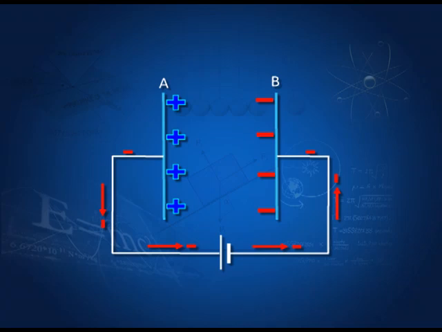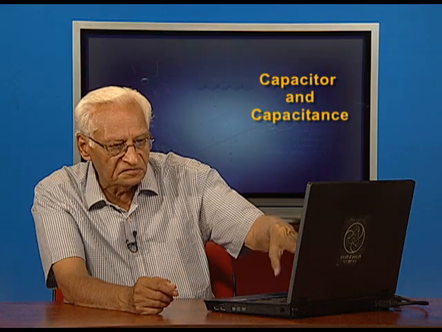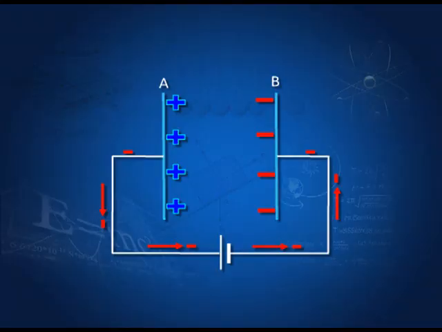So, there is a build up of negative charges here and a build up of positive charges here. This build up of negative charges, particularly this negative charge, prevents further flow of electrons to this plate. So, when this is fully charged, this electron flow stops.